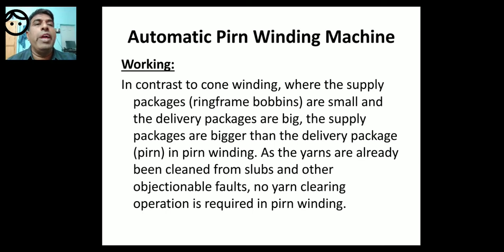So in cone winding, supply packages or ring frame bobbins are small and end products, that are cone or cheese, are big. Whereas in pun winding, the supply package is cone or cheese, and the end product or delivery package is the pun, which is a smaller package.